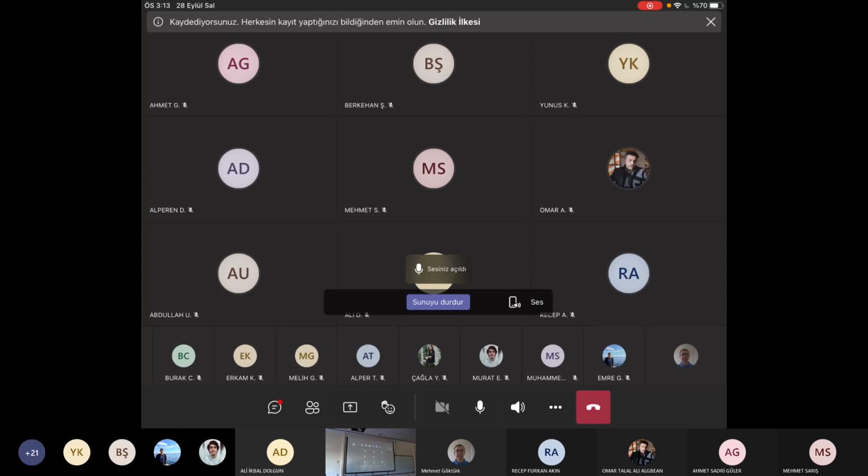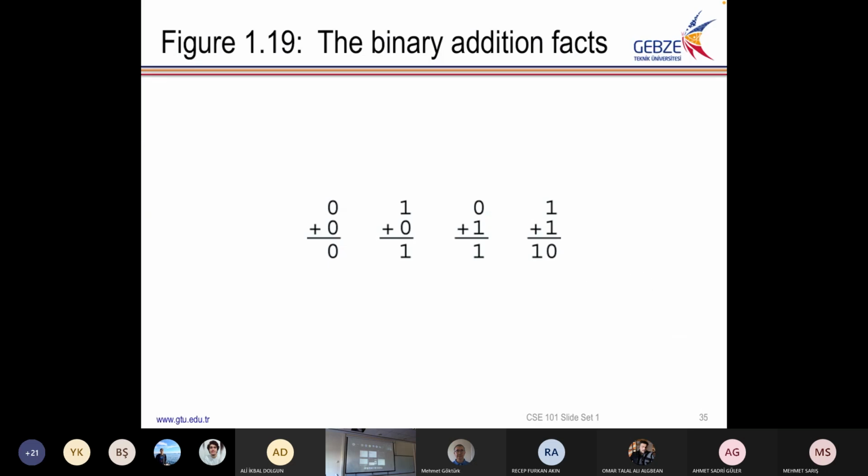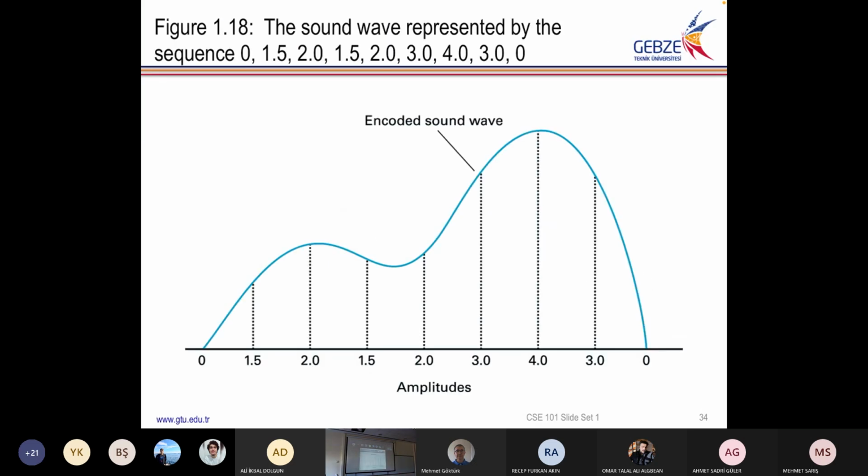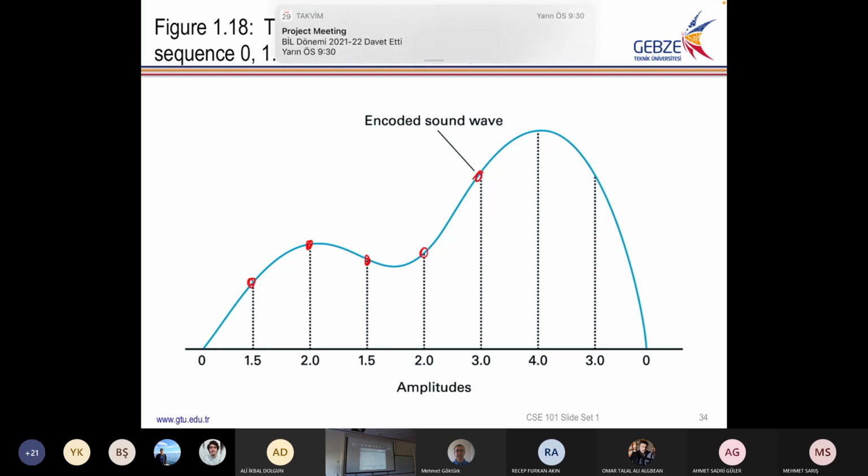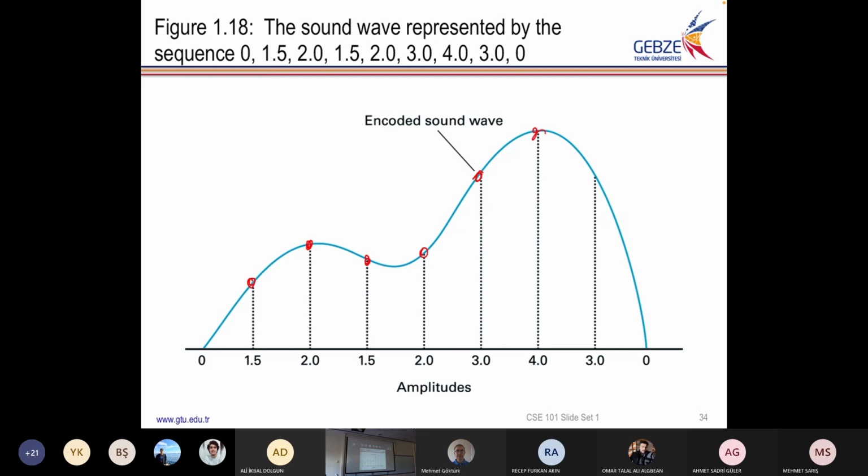Sorry, now how I'm going to store information in the computer memory. For example, you have a sound wave or you have an image, a real world signal. In certain places, you measure it, and after you measure it, you convert each entity into numbers.